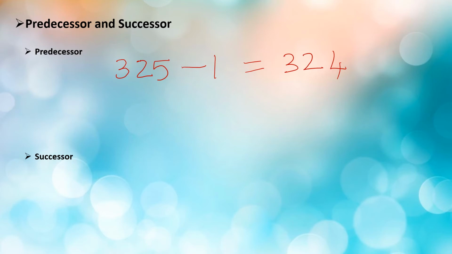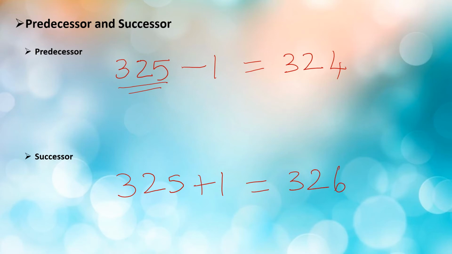Let me take 325. I am supposed to add 1 to this number and I will get 326. This is how we find the predecessor and successor of a given number.